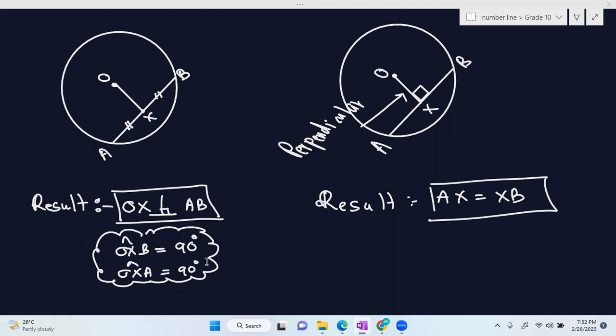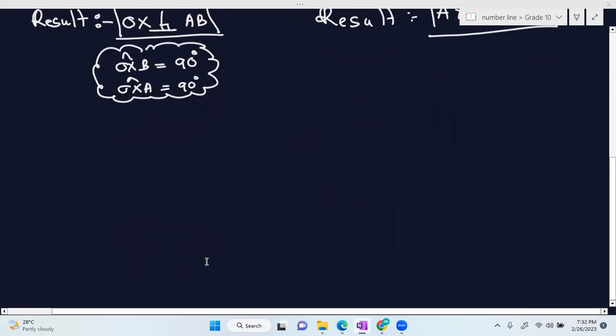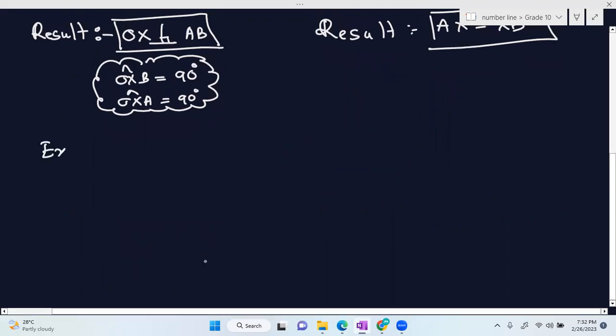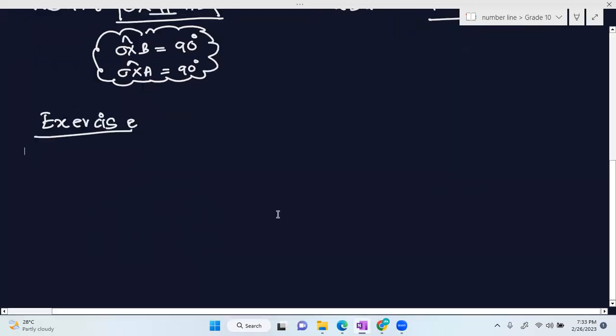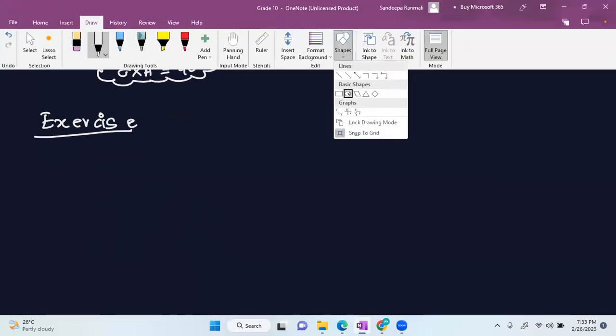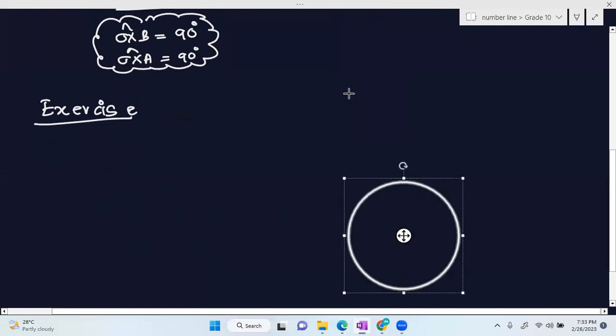May I move? Then let's see how we apply this to this exercise. If any of you need more time, please raise your hand or let me know.